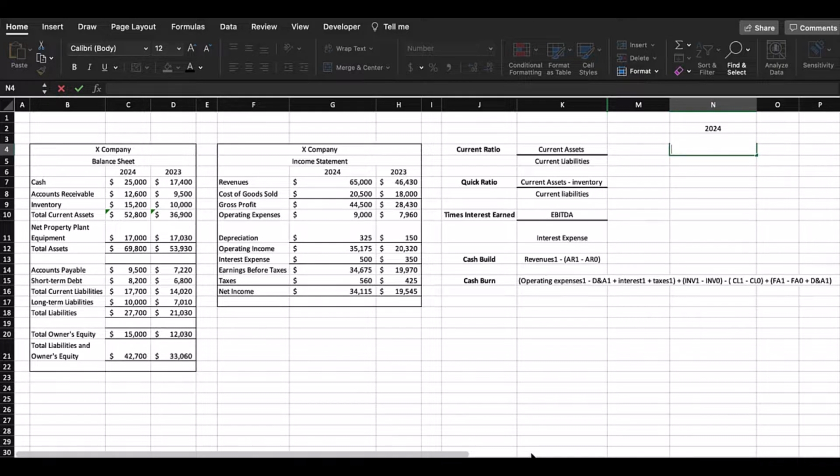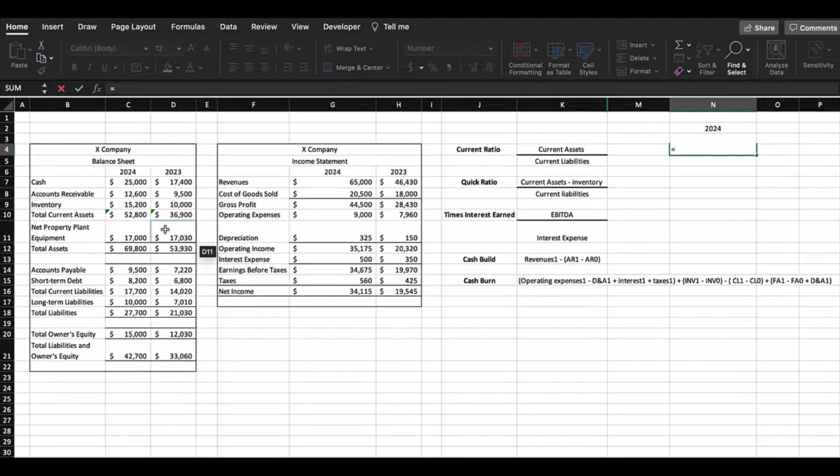We're going to be looking at different ratios like current ratio, quick ratio, the times interest earned or TIE ratio, cash build, and cash burn. Starting off, we can go with our current assets over current liabilities to solve for our current ratio. The reason we focus on current assets and current liabilities is because these are focused more on the short term.